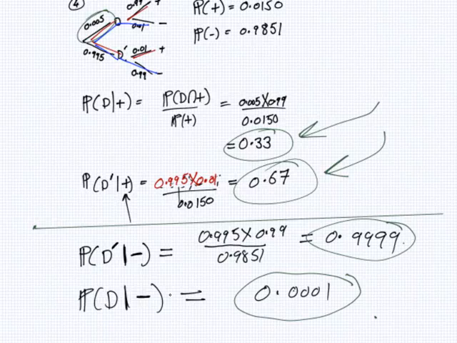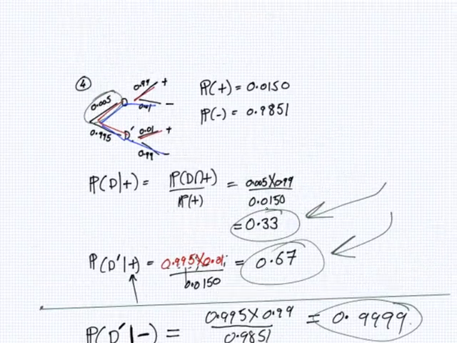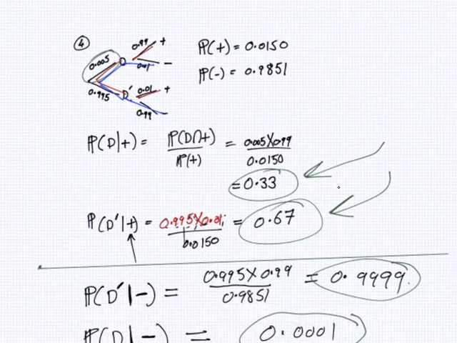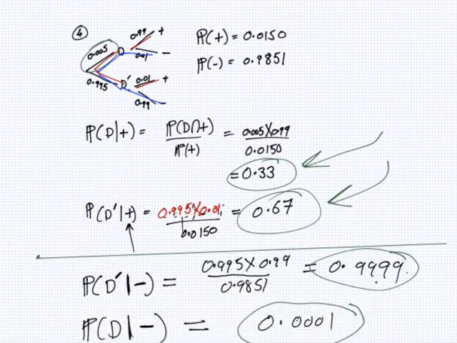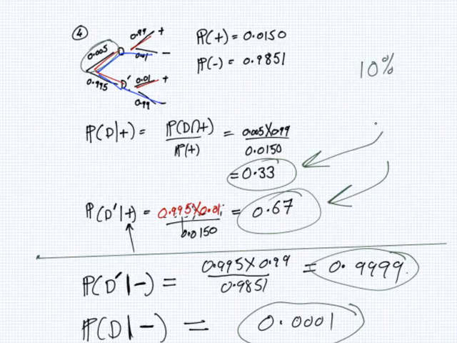Whereas if you get a negative result, it's quite likely that it's real because so many people don't use drugs. So the problem is this: so few people use drugs. That's why the test result is so different in each situation. If, for example, 10% of people use drugs, then the situation would be quite different. You would expect this number to be much higher.